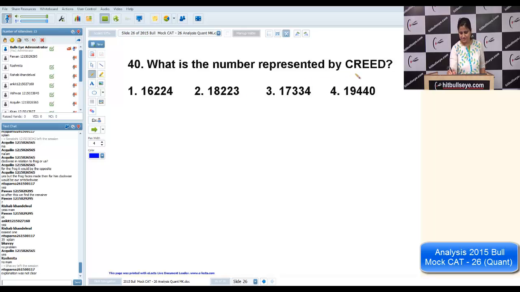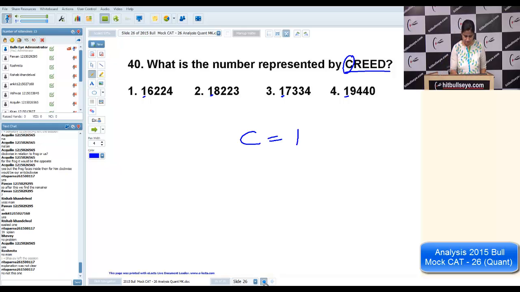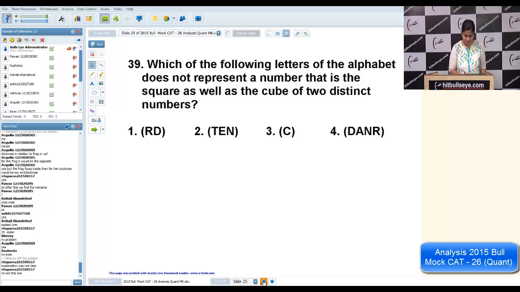What is the number represented by C? You can see the data for C. It means C will always be 1, whatever be the case. Is it okay, Rituparna? Now coming to your question only, 39. Which of the following letters of the alphabet does not represent a number that is a square as well as a cube of two distinct numbers? Now C, we know. What is the value for C?